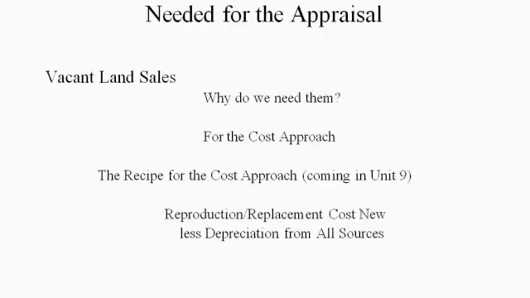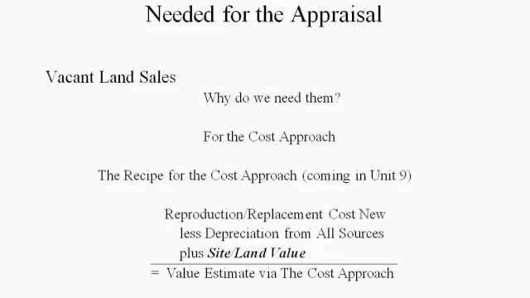But here comes the part of this that makes vacant land sale information fit in, because the recipe calls for us to add in the site or land value. And so when you take those three pieces, the reproduction cost new, back out the depreciation, and add back in the site or land value, then you get a value estimate using the cost approach.